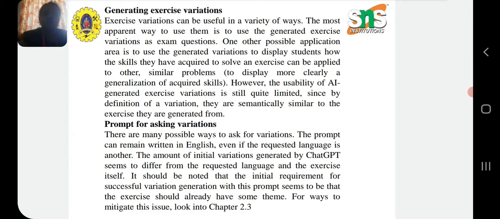The amount of initial variation generated by ChatGPT seems to differ with the requested language and the exercise itself. It should be noted that the initial requirement for successful variation generation with this prompt seems to be that the exercise should already have some theme.